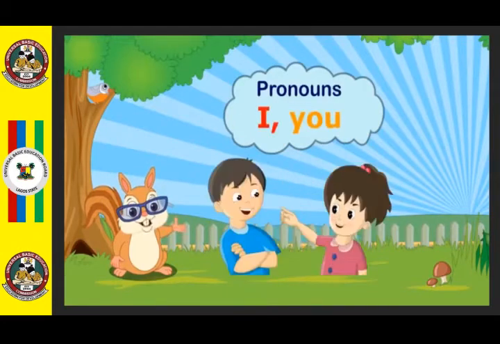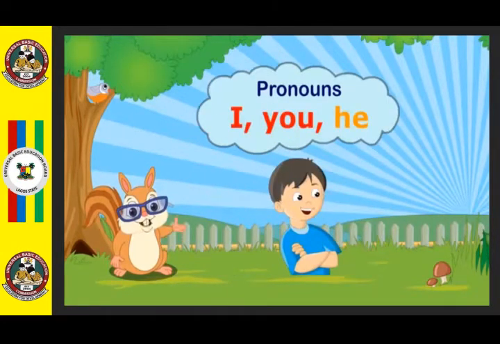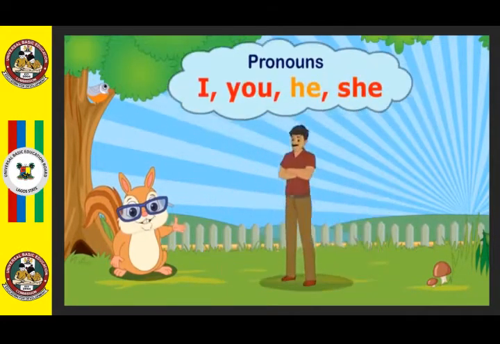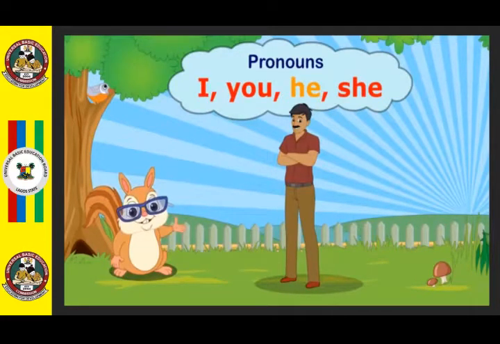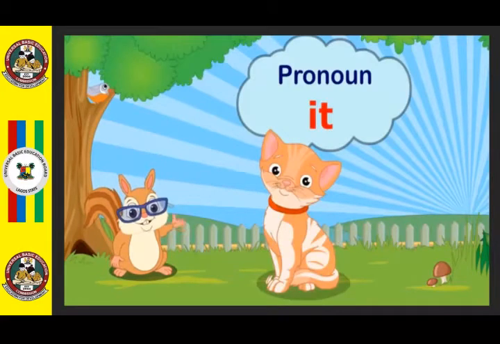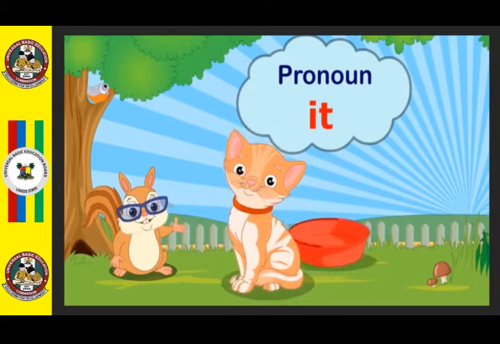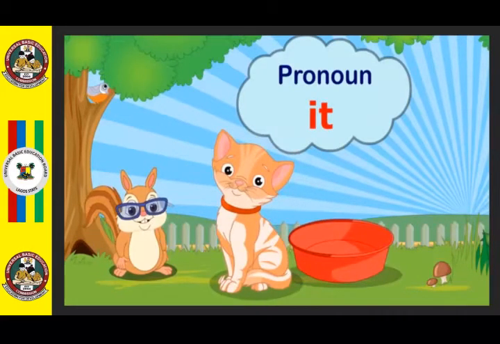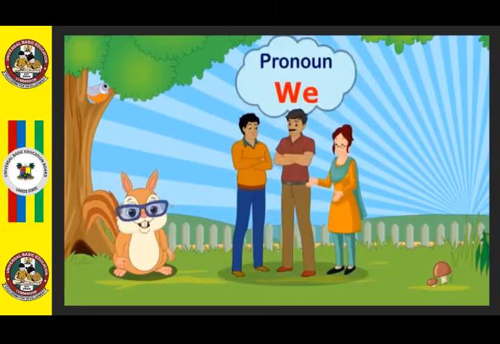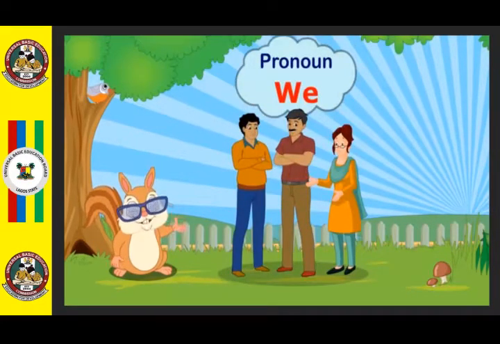I, you, he, and she are used for one person. It is used for one animal or thing. We is used for more than one person.